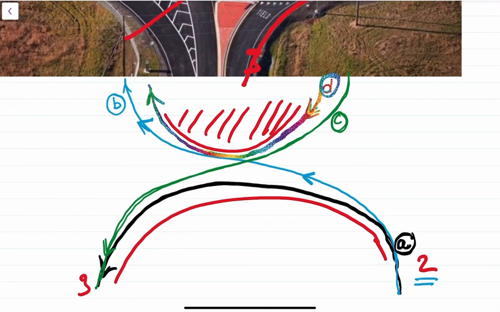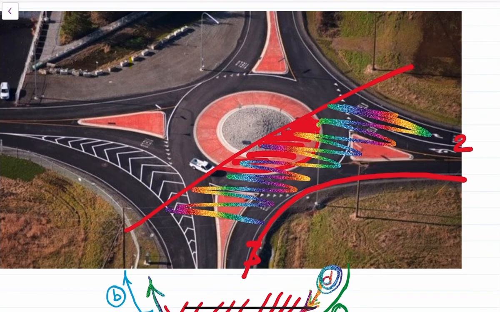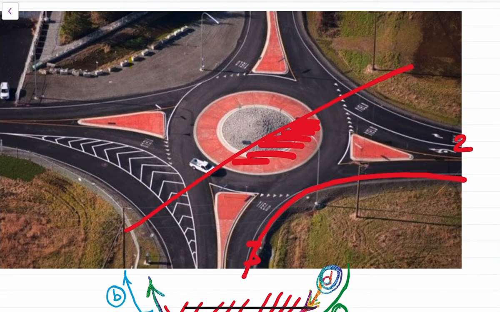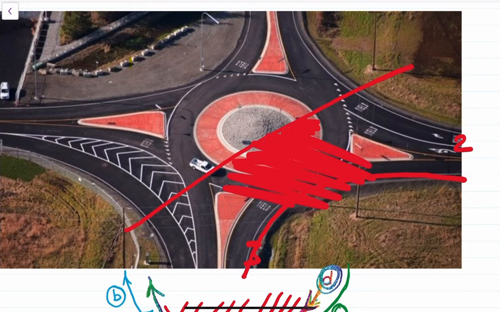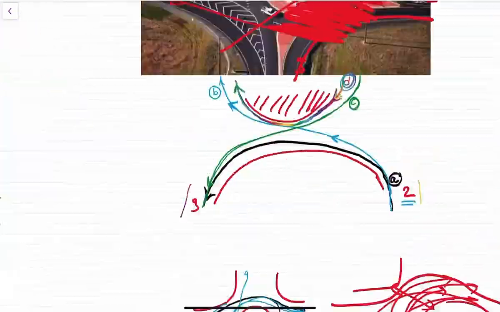I'll again repeat: the traffic that is neither coming from 2 nor going to 3, but is coming from some other leg, but is using that weaving section. This is our weaving section that we are considering. So all the traffic that is using this weaving section, that we will call the D. I hope it is clear to you all.